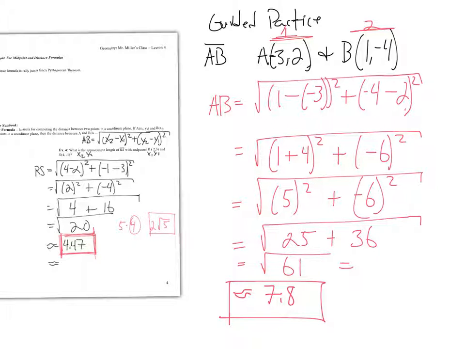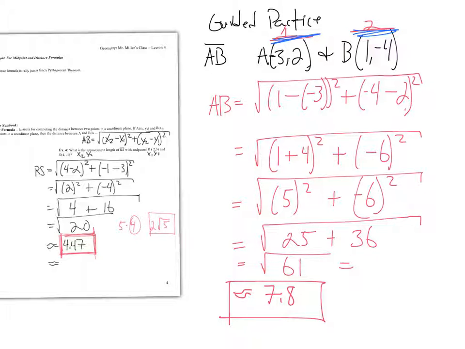Okay, hopefully you paused it and now you're joining me back once you're done. What I did was I labeled my different points, my ones and my twos. And then I just plugged it in, making sure I kept my parentheses around my negative numbers. That way I know I have two negatives, which make it positive.